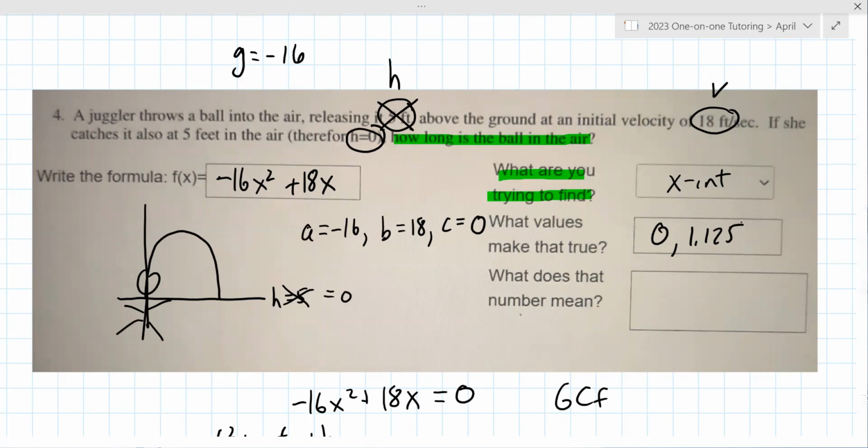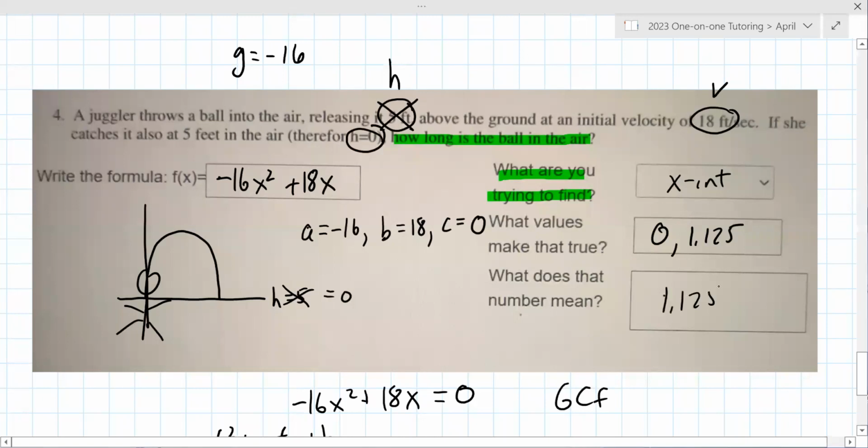I got 1.13 and 0. Yes, very good. So you should choose the positive one there, the non-zero one.